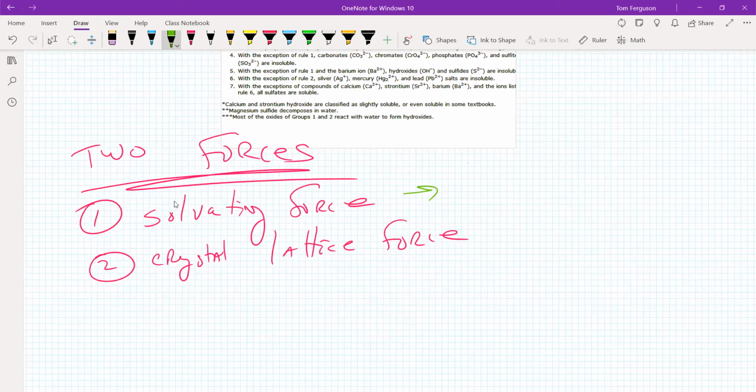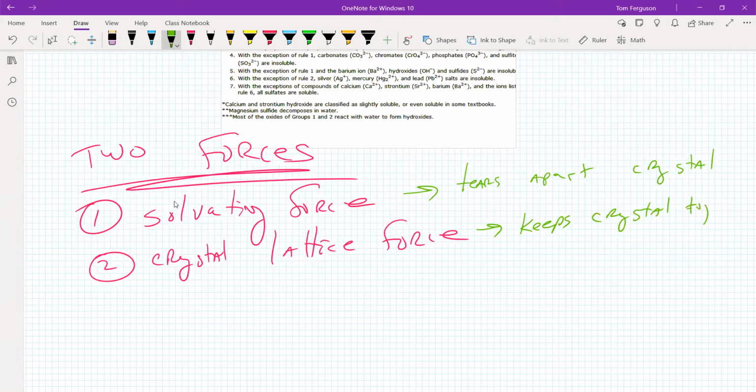Solvating force tears apart the crystal, where a crystal lattice force keeps the crystal together. And this is like your classic video game. We have one evil against another one, and they're battling. Solvating force, crystal lattice force.